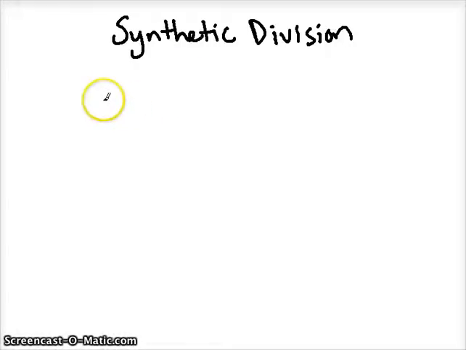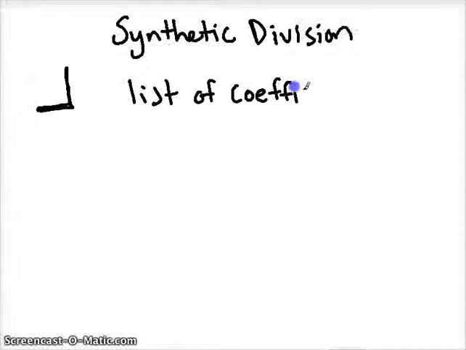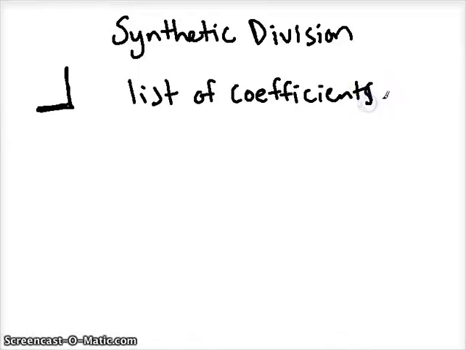Alright, when using synthetic division, you're going to set something up like this. We're going to have a little box here. We're going to put a number in that box. We're going to have a list of coefficients here. So all of the numbers that are in front of your letters in your long polynomial. We're going to be doing some multiplying and adding.